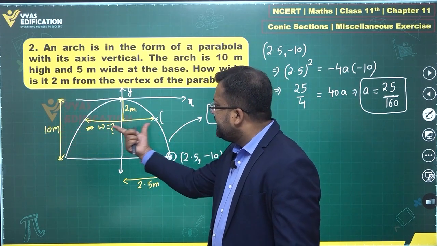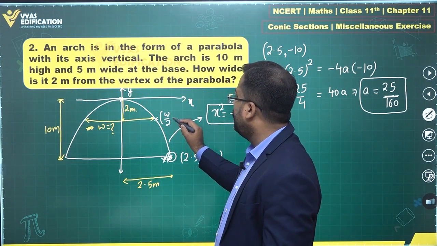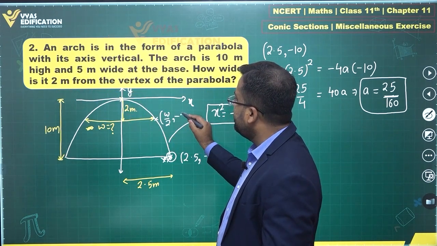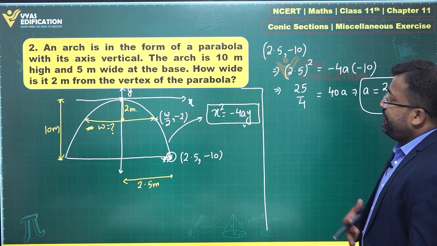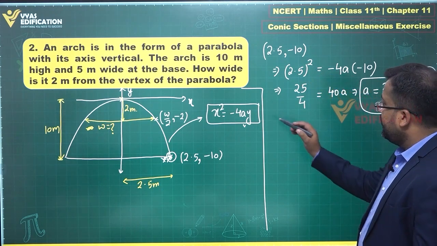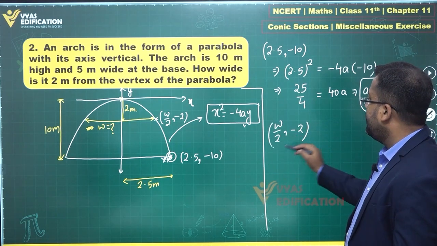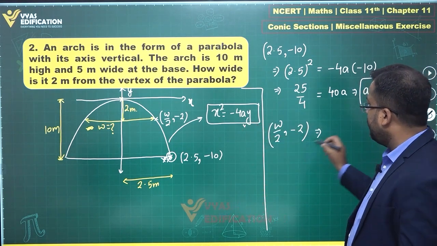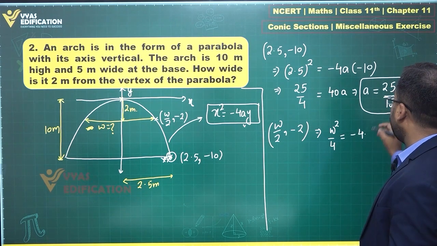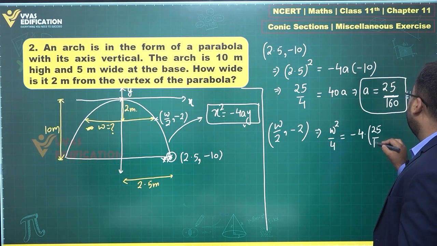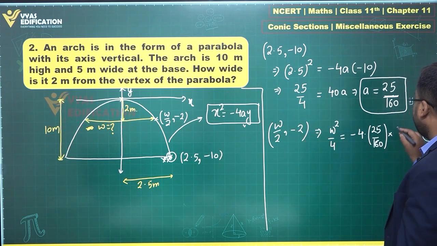If this total width is w, this will be w by 2, and this particular depth will be minus 2. Therefore, from the equation, (w by 2, minus 2) implies that x squared, that is w squared upon 4, will be equal to minus 4 times a times y, which is minus 2.